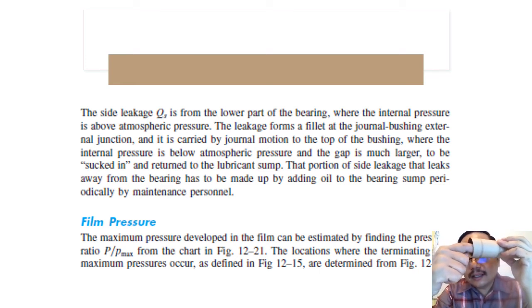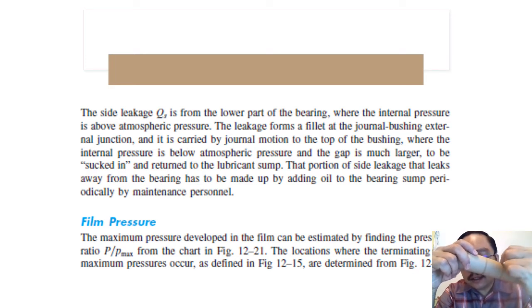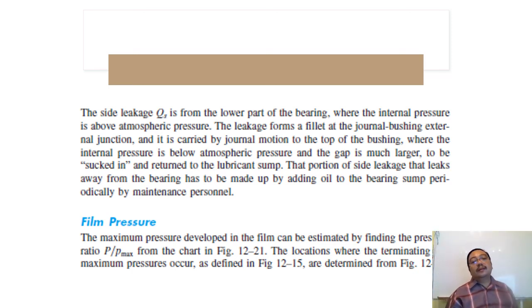Meaning some part of the lubricant will come out, and what the maintenance person has to do is regularly add lubricant. This is what we have to do. So the slide continues with film pressure, where we will use figure 12.21.